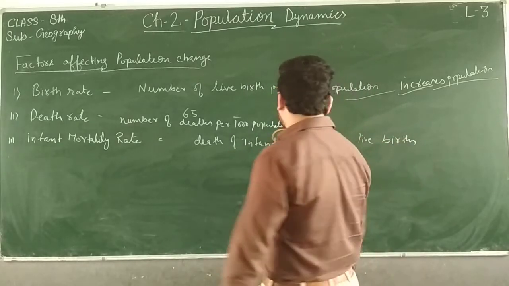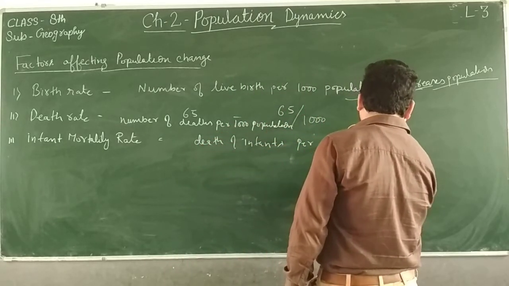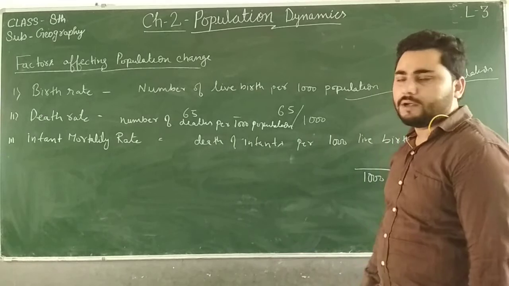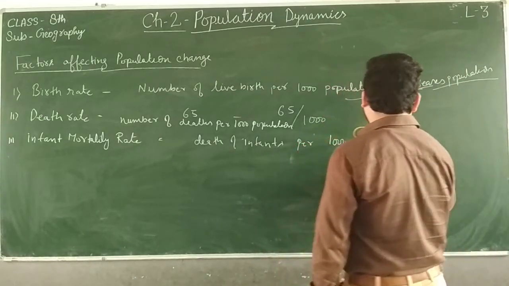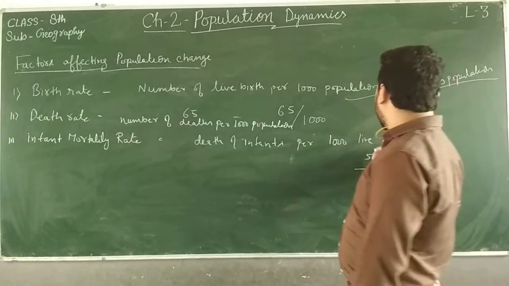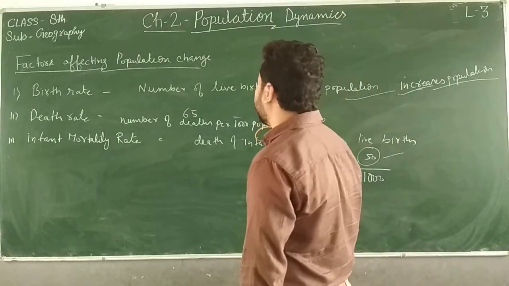If 1000 children are born, and out of that, suppose 50 die, that will be the infant mortality rate.